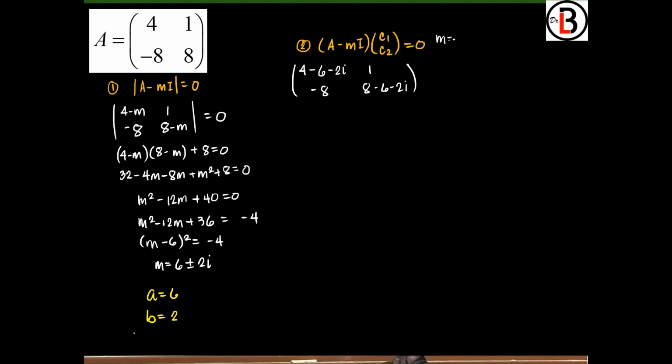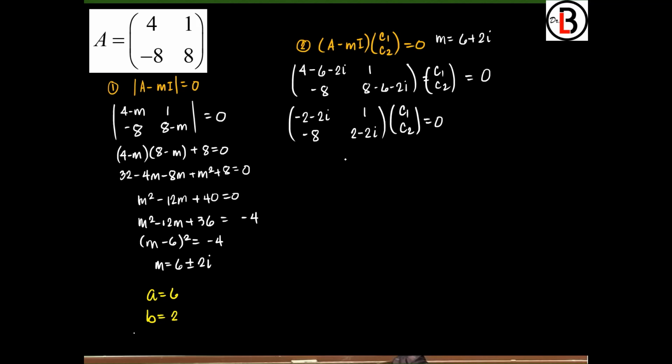So what I'm substituting, by the way, is m equal to 6 plus 2i, multiplied to C1, C2 is equal to 0. So this one is negative 2 minus 2i, 1, negative 8, 2 minus 2i. This will be C1, C2 is equal to 0. So if I factor out the negative sign, 2 plus 2i, C1 plus C2 is equal to 0.